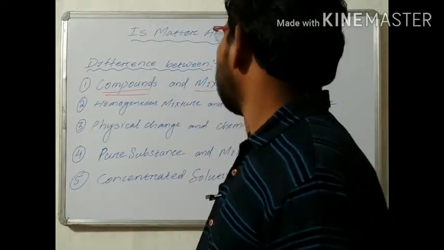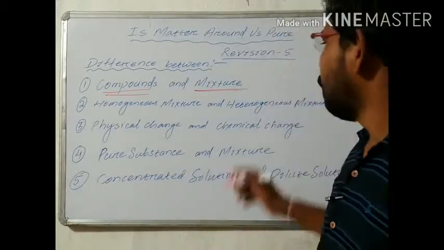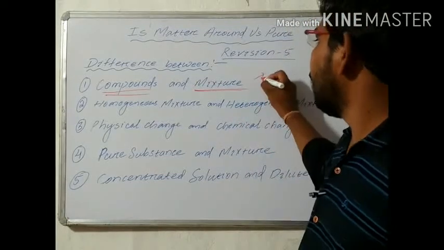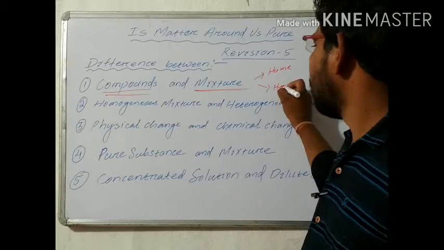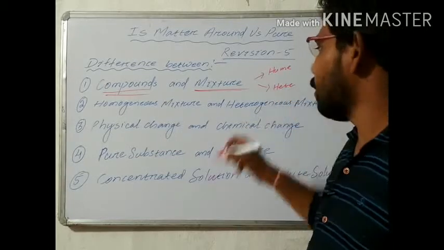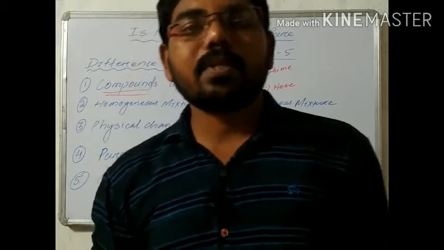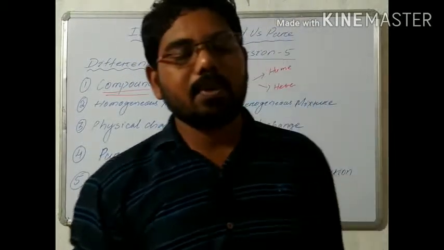And mixtures are the combination of two or more pure substances. Mixtures are again divided into homogeneous mixtures and heterogeneous mixtures. Mixtures are anything we mix, for example a mixture of sand and common salt plus iron particles plus sulfur.